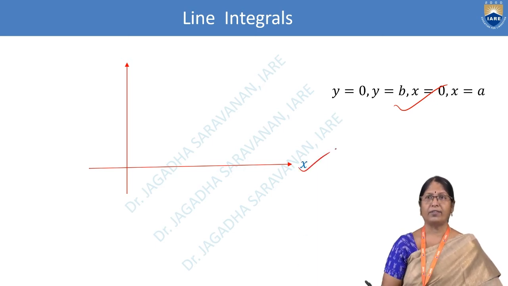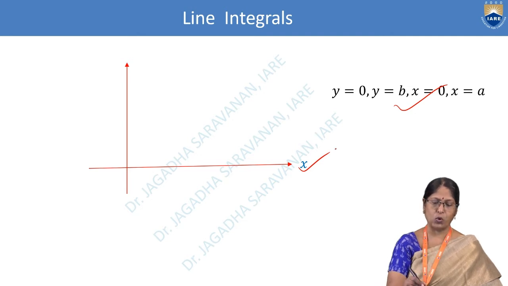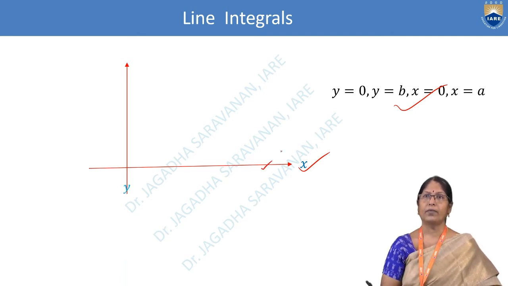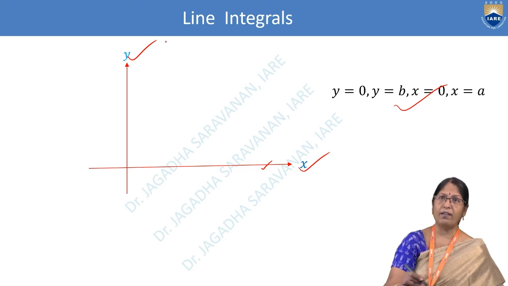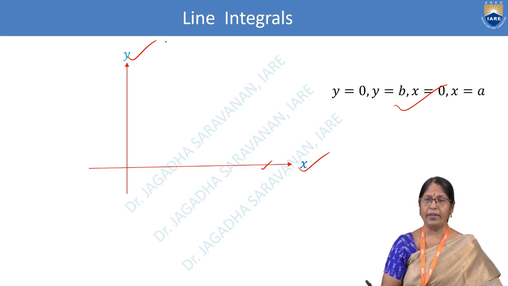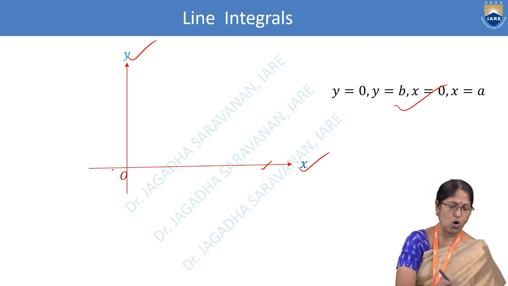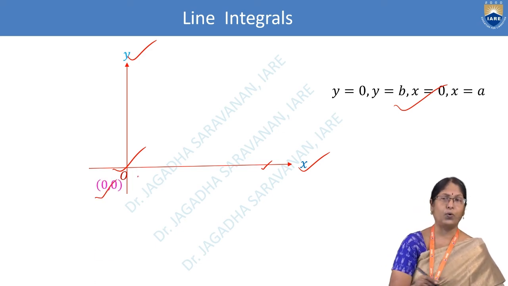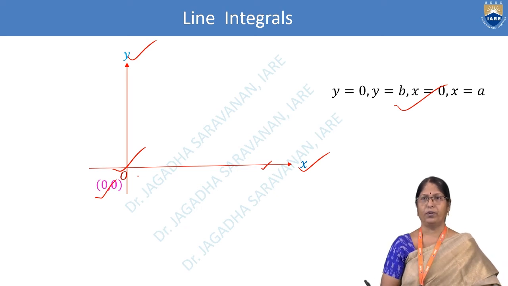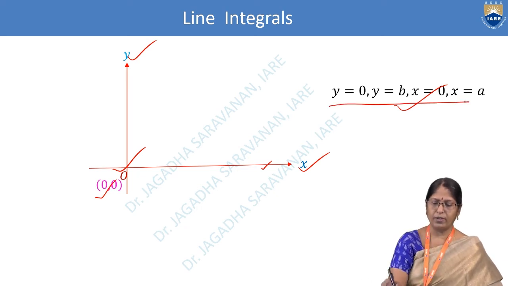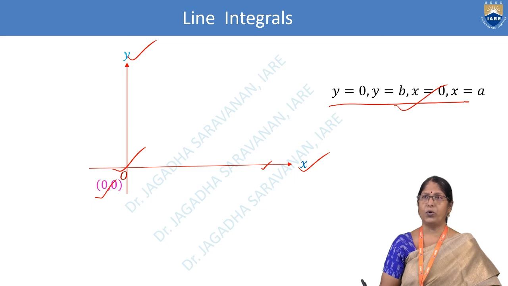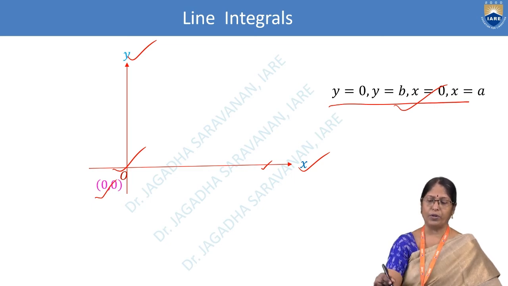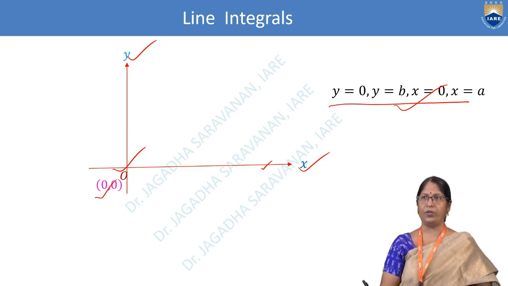We named the horizontal line x and the vertical line y. The origin we have taken as O, with coordinates 0, 0. Now here, y equal to 0, y equal to b, x equal to 0 and x equal to a.